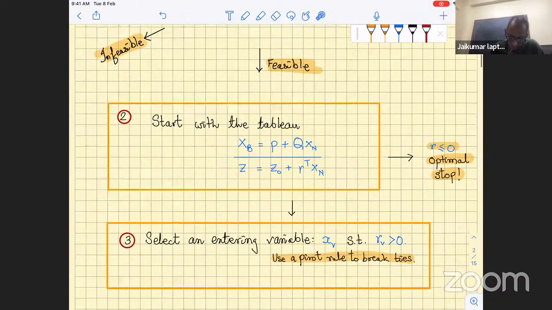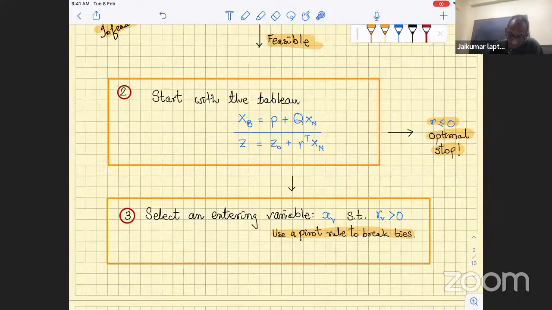Okay. Now, right now we will be doing a Simplex loop on this. So let us just recall what the Simplex loop looks like.